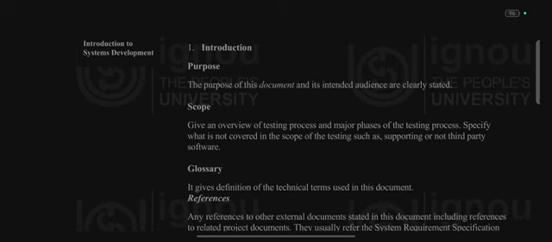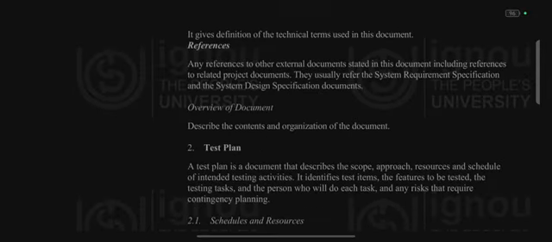It gives definitions of the technical terms used in this document. References. Any references to other external documents stated in this document, including references to related project documents. They usually refer to the system requirement specification and the system design specification documents. Overview of document. Describe the contents and organization of the document.